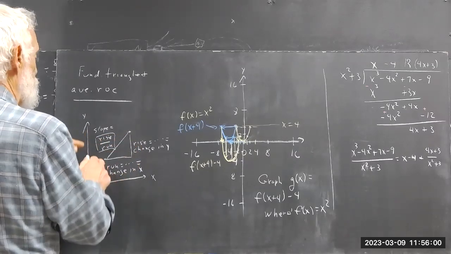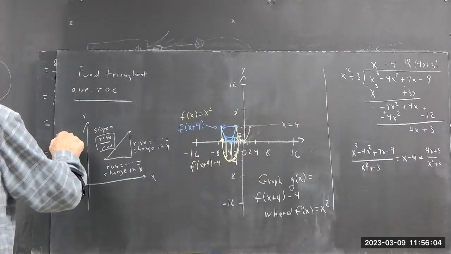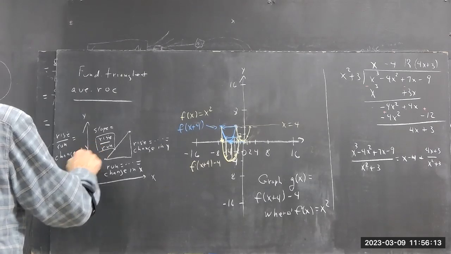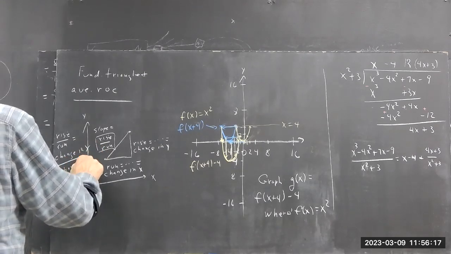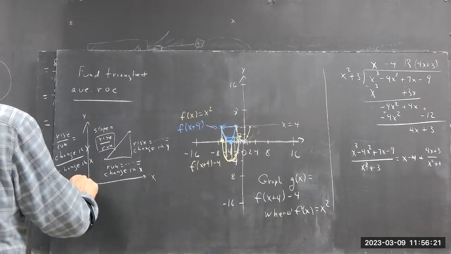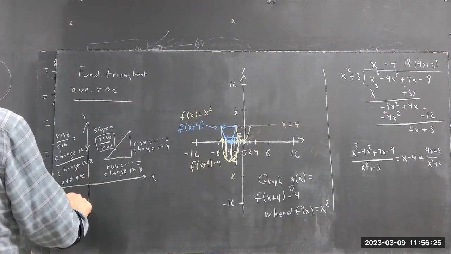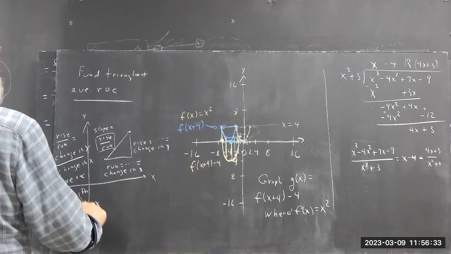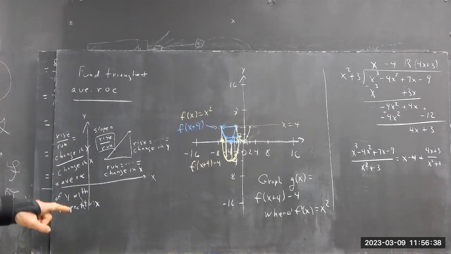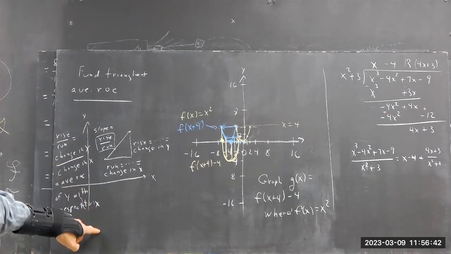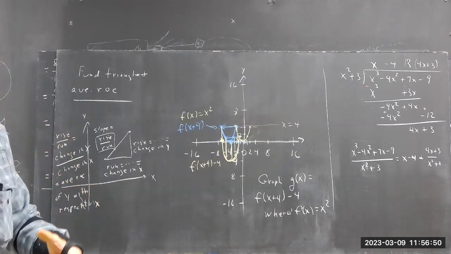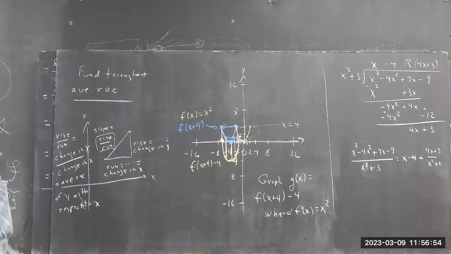So rise is the change in Y, run is the change in X. And that's the average rate of change of Y with respect to X. I include terminology, rate of change of what with respect to what, because that's a really important idea that corresponds exactly to notation that you see early in a calculus course that you're not going to understand as well if you don't have this terminology, rate of change with respect to.